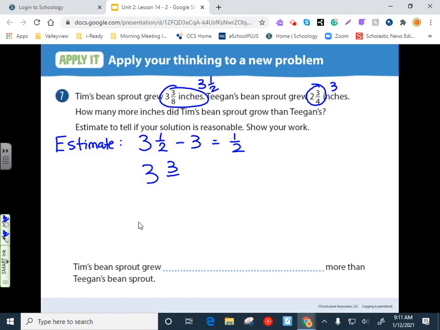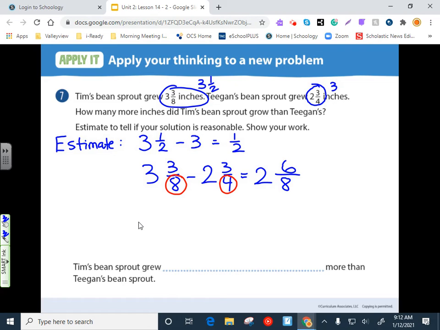3 3/8 minus 2 3/4. Looking at our denominators, I can change a 4 to an 8, so I'm going to keep this 3 3/8, but I'm going to change this mixed number to 2 and something over 8. 4 times 2 is 8, 3 times 2 is 6.